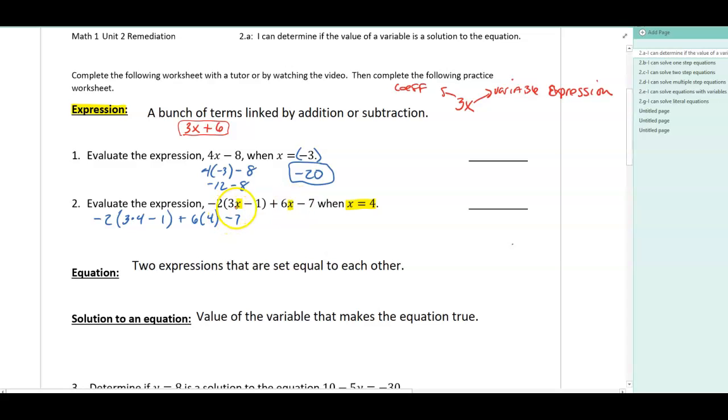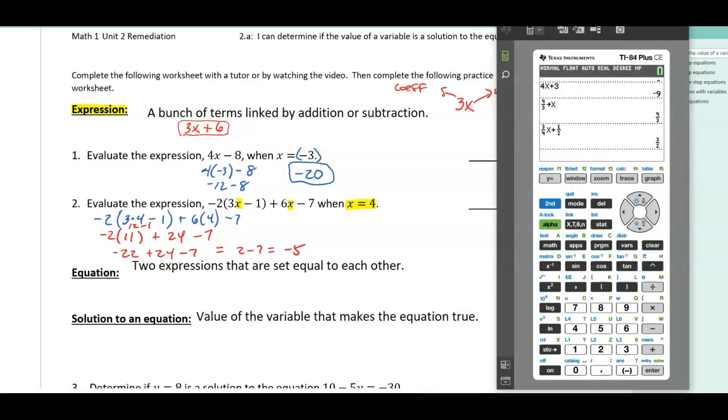When I read 3x, it's 3 times x. So negative 2 times 3 times 4 is 12. 12 minus 1 is 11. Plus 6 times 4 is 24. Minus 7. It's going to give me negative 22 plus 24 minus 7. That ends up being 2 minus 7, which is negative 5.